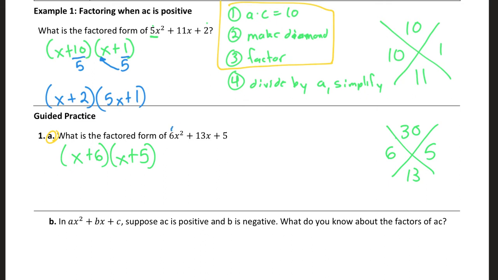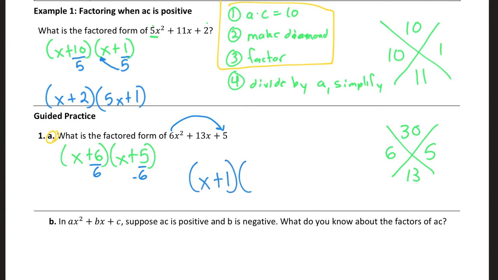Multiply a by c, 6 times 5, to get 30. 30's on the top, 13's on the bottom, so numbers that multiply to be 30 and add to be 13. And then at the end, the divide step, you divide each of the constants by a. So the first set of expressions here, I can do 6 divided by 6 is 1, so x plus 1.